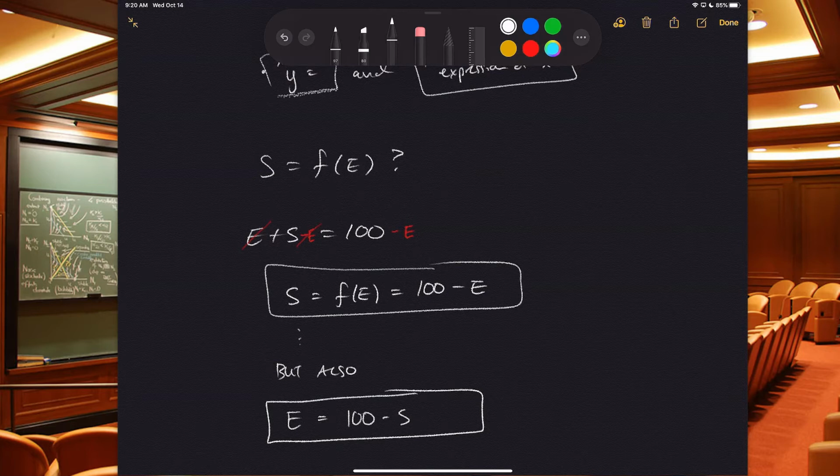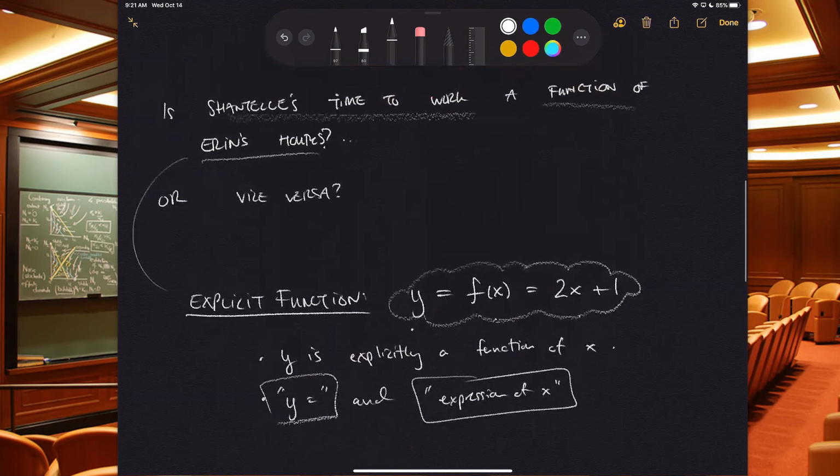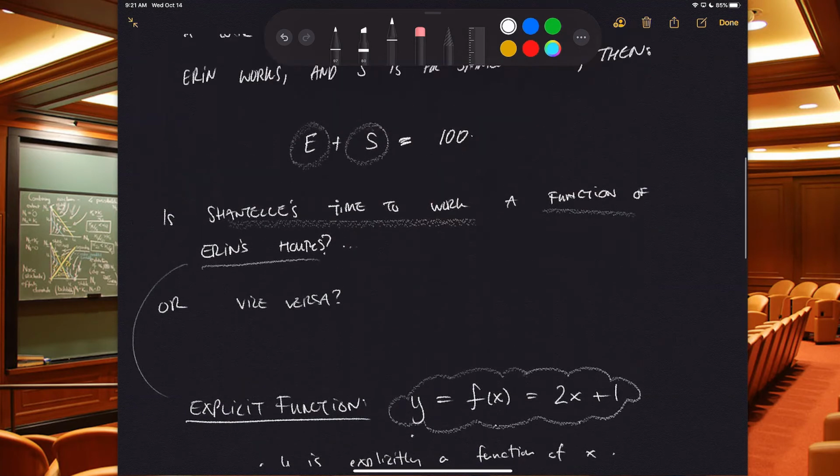So if Chantel does 40 hours, Aaron would have to work 60 to finish it up. So here it's not necessarily clear which is a function of which. A case could be made for each.